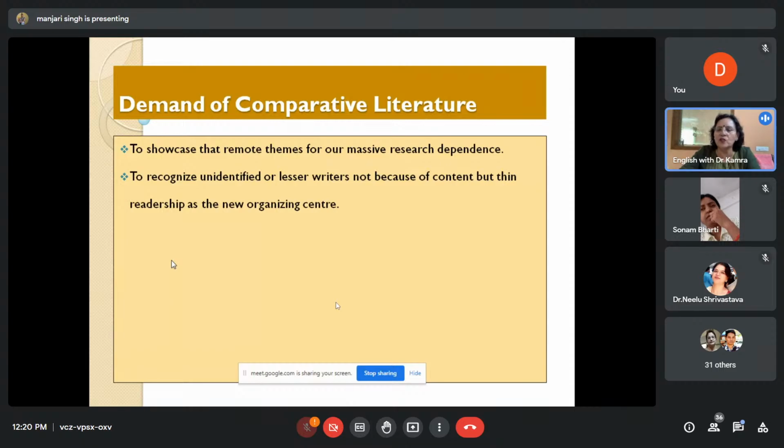They are first twisted, then they are made continuous, then thread-like continuous, and then you'll find that the fibers are not visible. It becomes a rope. So this is how research in comparative literature has to appear.